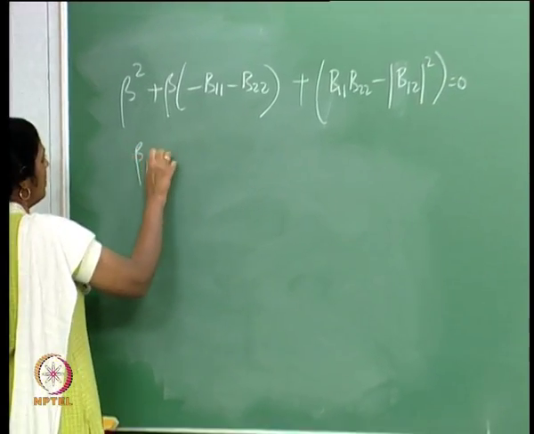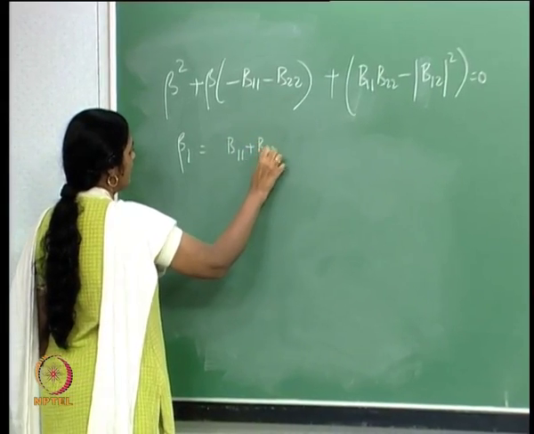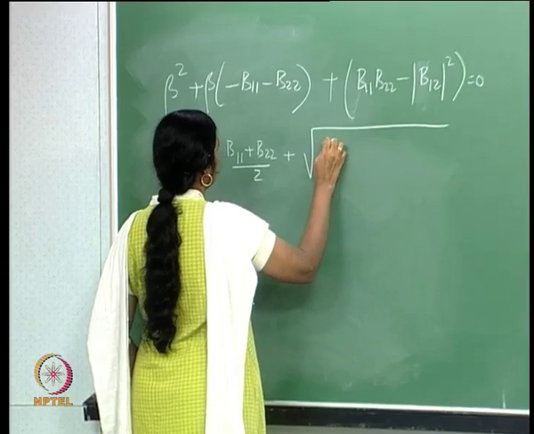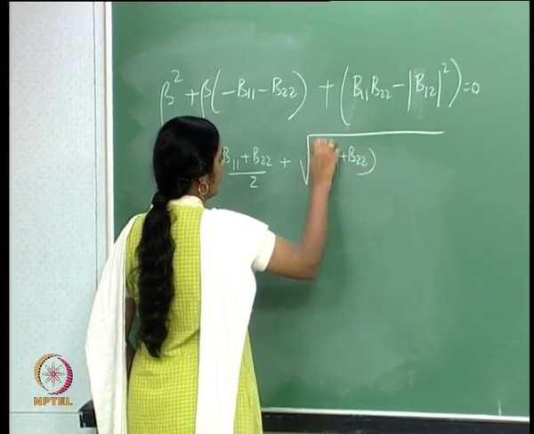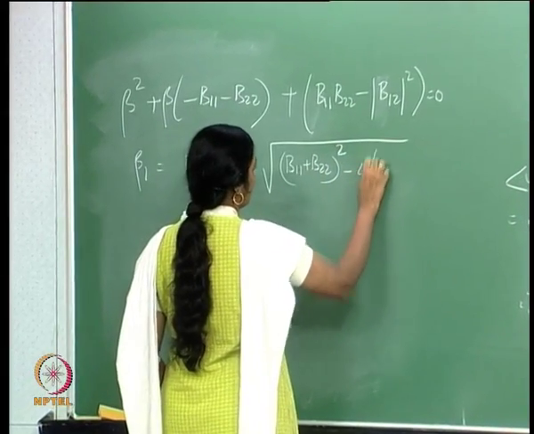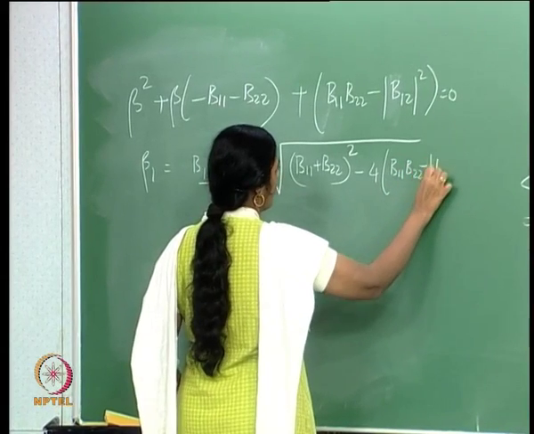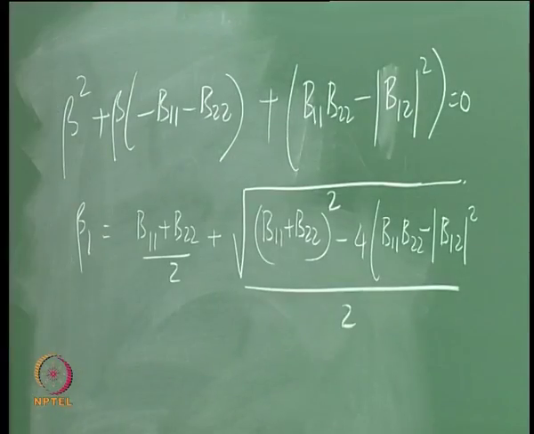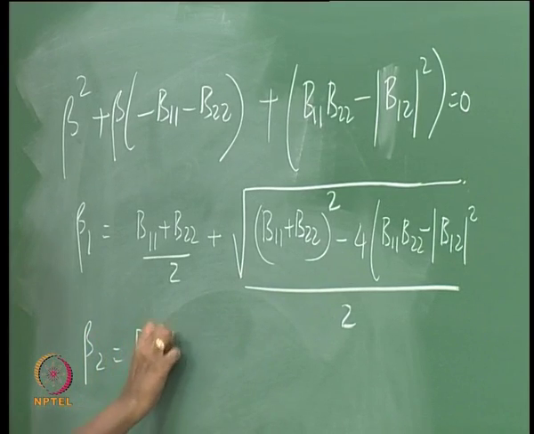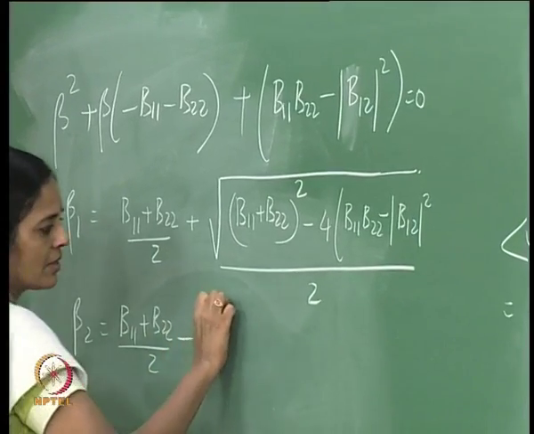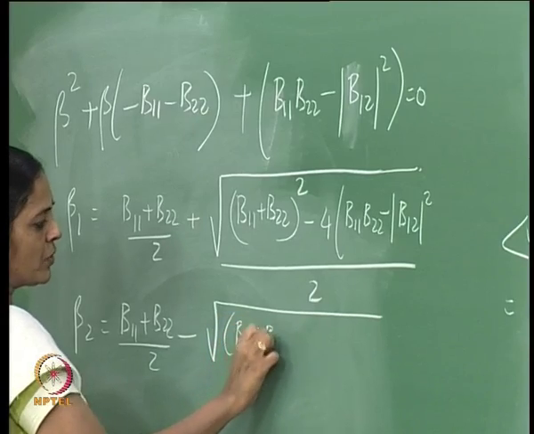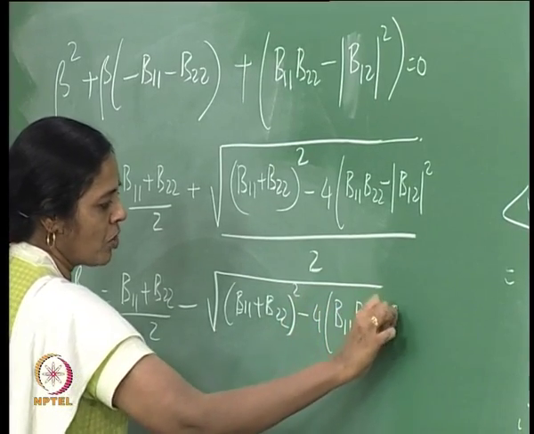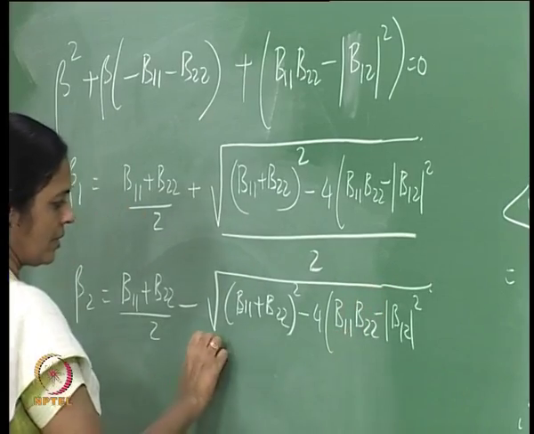So, beta 1 is this, that is beta 1, and beta 2 again is the solution with a minus, the root of the same quantity, B11 plus B22 the whole square minus 4 times B11 B22 minus modulus of B12 the whole square, by 2.